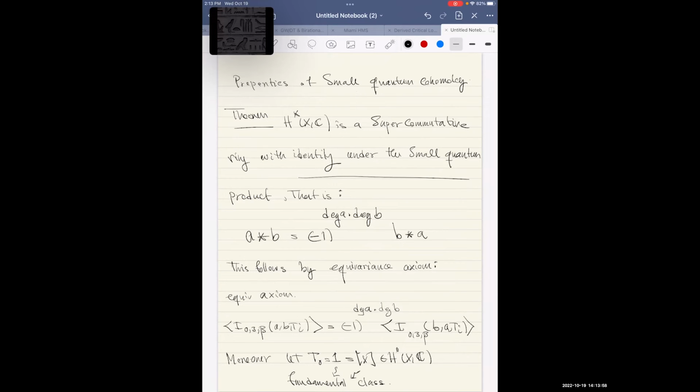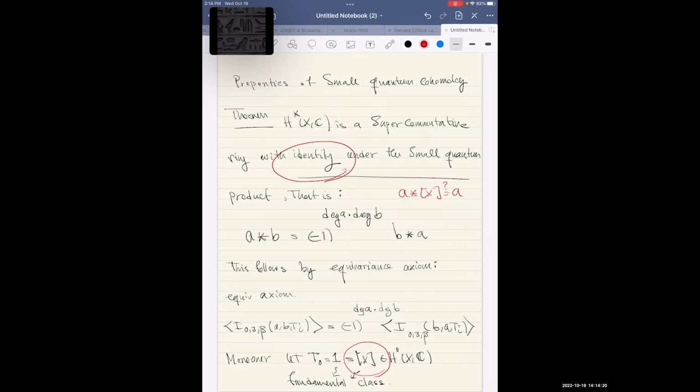That's one thing, but right now we are focusing on this: why does it have identity? What is the identity of this ring? The statement is that the identity of this ring is going to be the fundamental cycle.